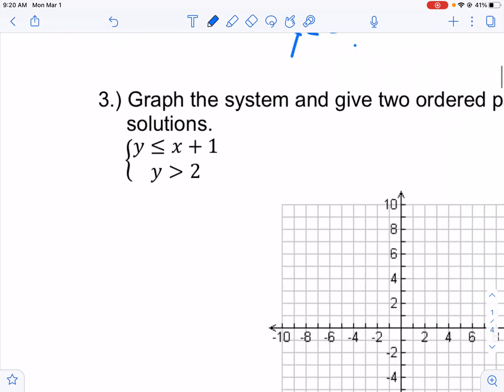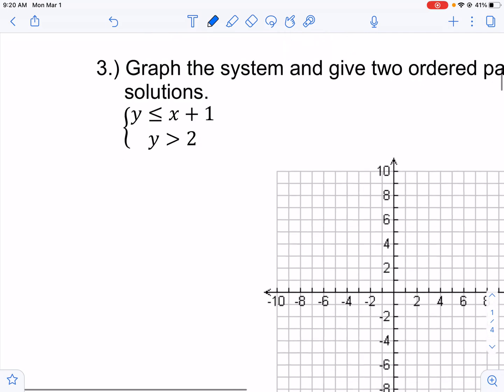So we're going to quickly review the steps to graphing an inequality. This is straight from section 6.5. The first step is to make sure your line is in slope-intercept form, so y equals mx plus b.